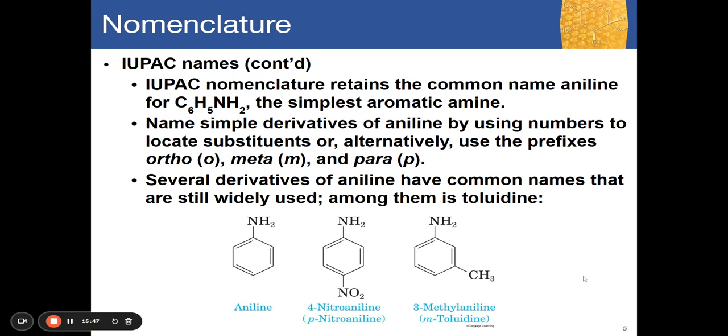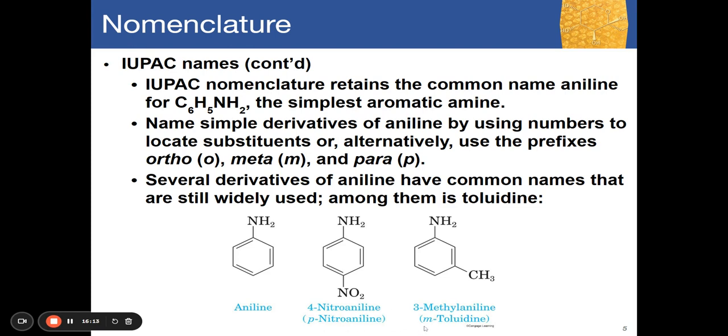So on the hierarchy of the list, the toluidine will be the family instead of the aniline. So there's a hierarchy, and on the hierarchy, toluidine comes first. So instead of using aniline as a family name, we use toluidine. Okay. However, on this one, this amino group is not mentioned, right? So it should be mentioned.